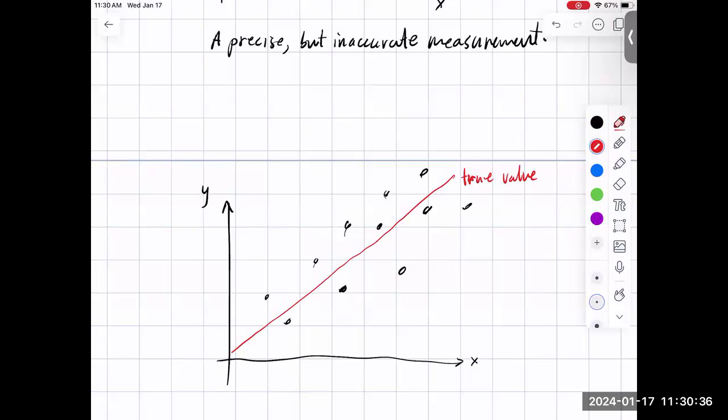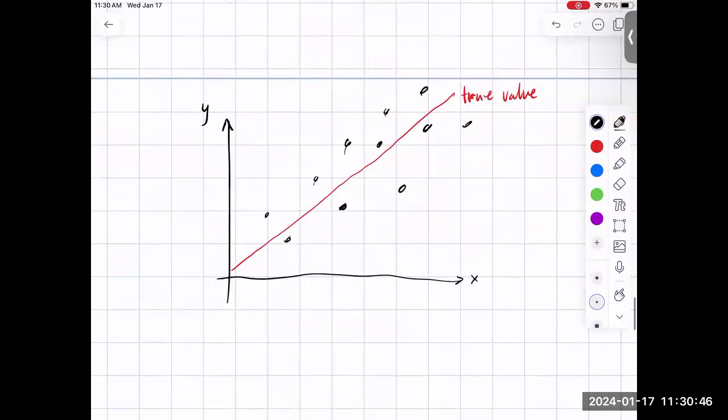So it's an imprecise measurement, but it's accurate because it's scattered symmetrically about the true value. So this is imprecise but accurate.